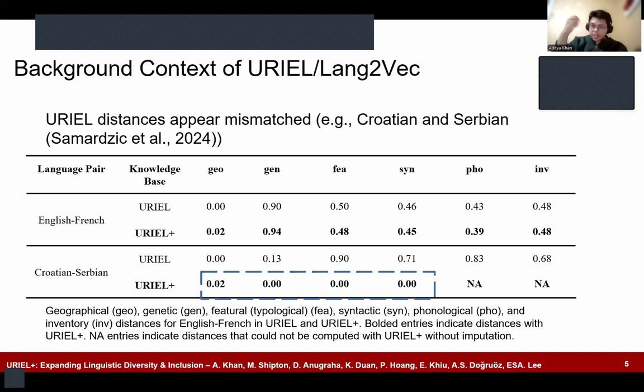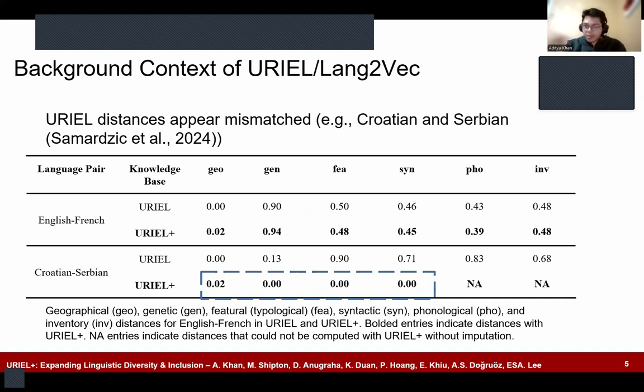Now, the higher your distance value is, the more distant we say the languages are. This should immediately raise some eyebrows, because Croatian and Serbian are generally pretty close languages in terms of their typology. Some might even say almost the same. So the fact that the knowledge base is saying that they are quite distant is a problem.